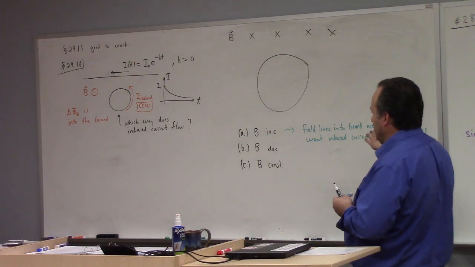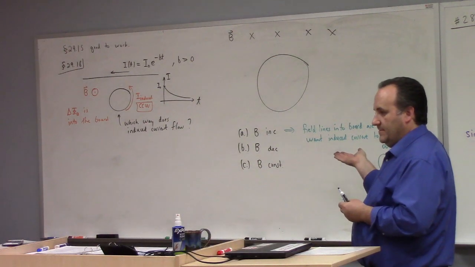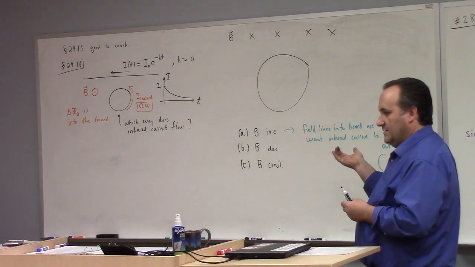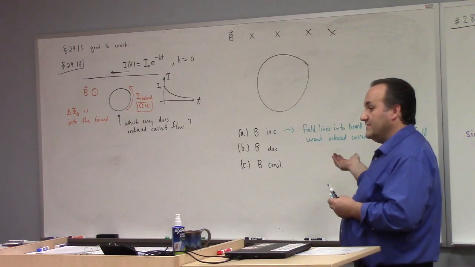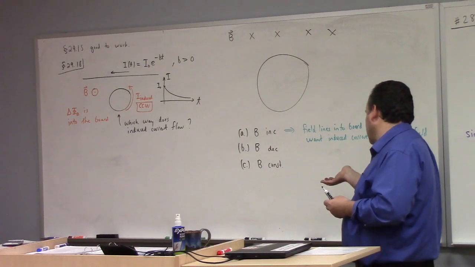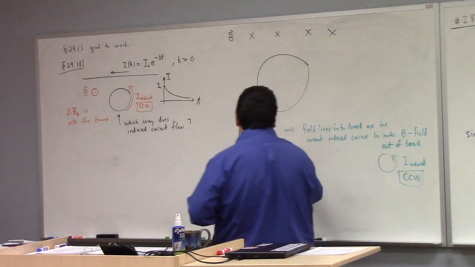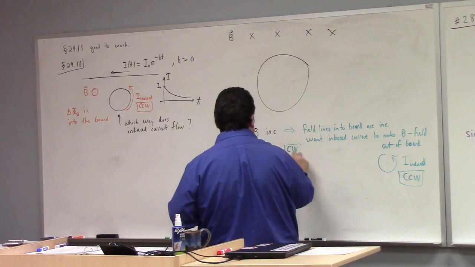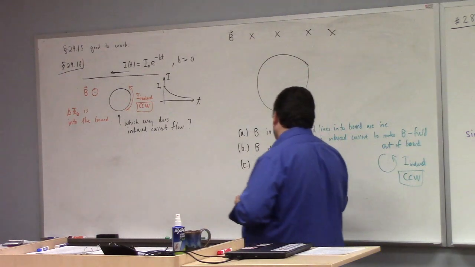Now if the magnetic field is decreasing, that means that the field lines going into the board are lessening. So you want the induced current to increase those to build it back up to where it was. In that case, you've got clockwise in case B. In case C, this is easier.